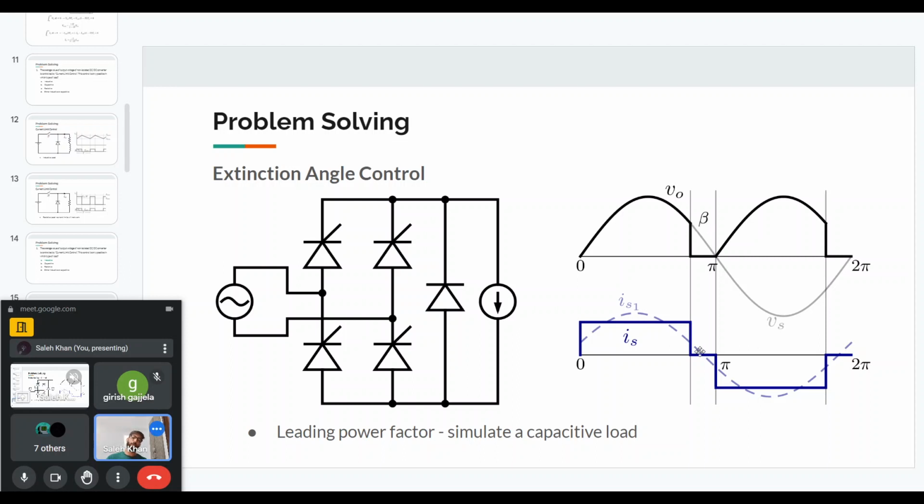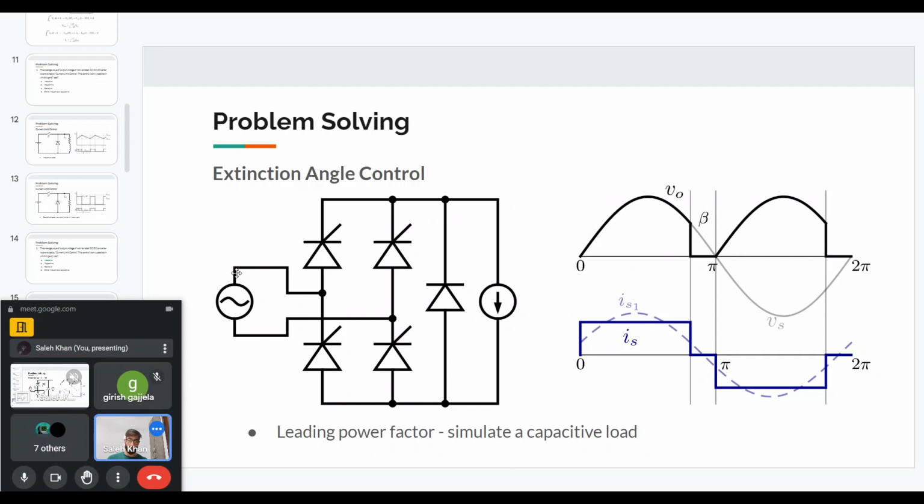So this we can basically use because most of the loads that we have are lagging loads. So if we can simulate a leading load, because a capacitive load is a leading load, using this kind of a control, and if it is added to some other lagging load, then the power factor can improve.